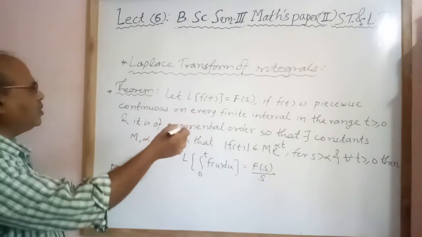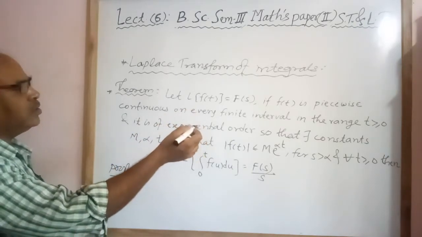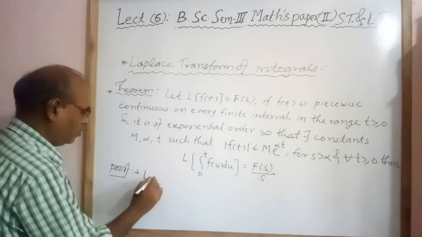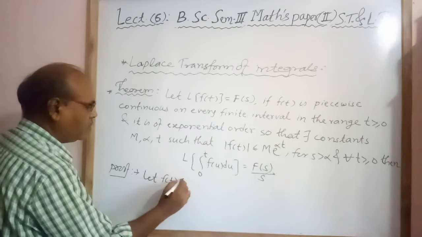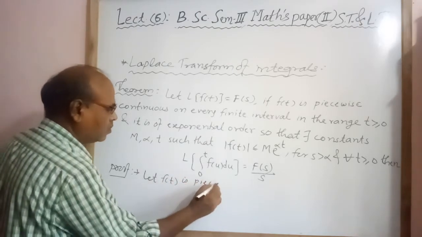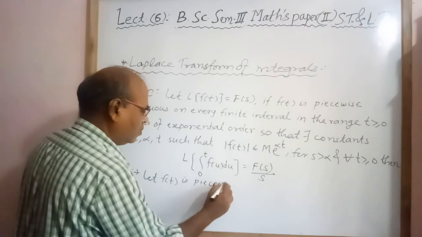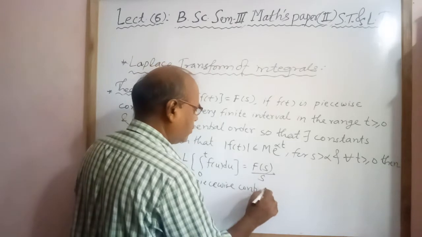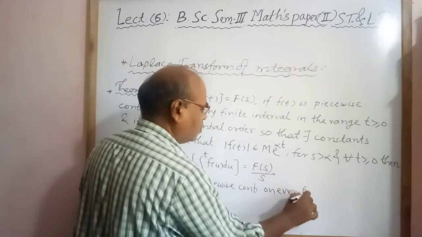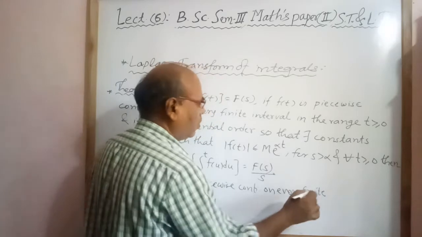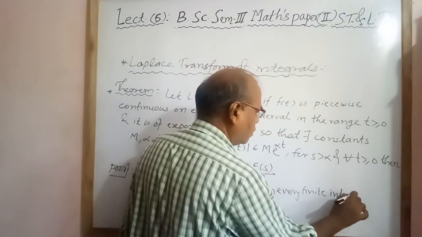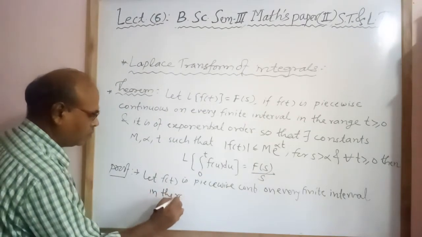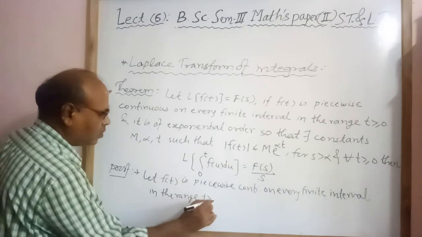Now, what is given is that f(t) is piecewise continuous on every finite interval in the range t greater than or equal to 0. Write this: let f(t) be piecewise continuous on every finite interval in the range t greater than or equal to 0.